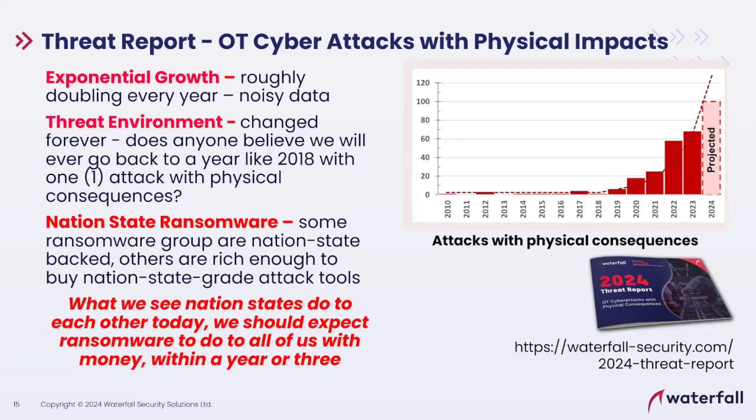It's noisy, it bounces up and down, but the data set for 2023 has 68 attacks in it. 2019 had 5, 2020 had 18, 2021 had 23, then there was 57, now there's 68. It looks to be almost doubling annually.